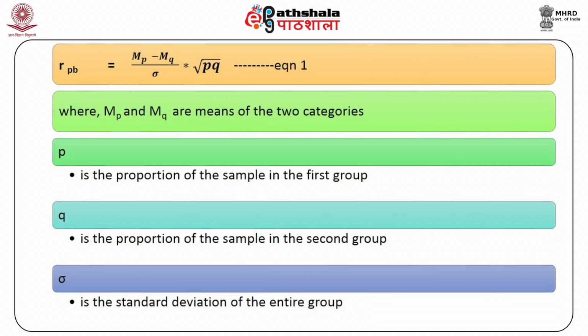Let us understand this formula, what each symbol means. In equation 1, Mp and Mq are means of the two categories that need to be correlated.